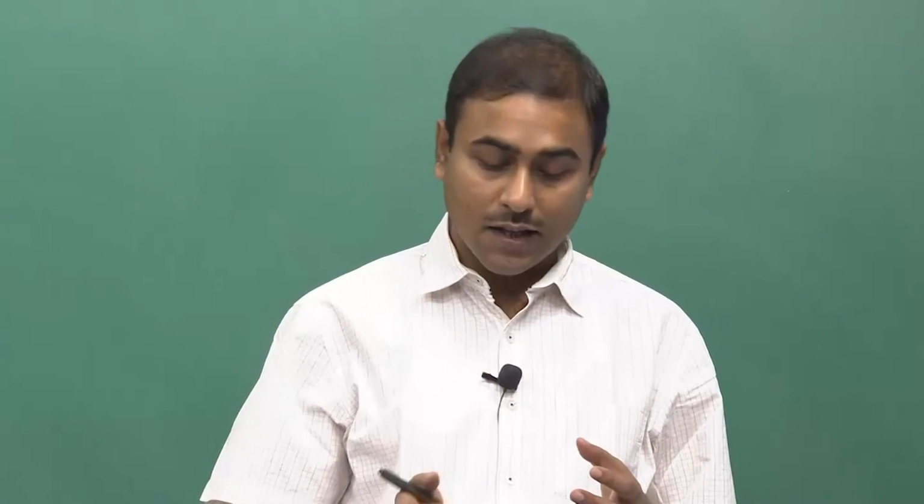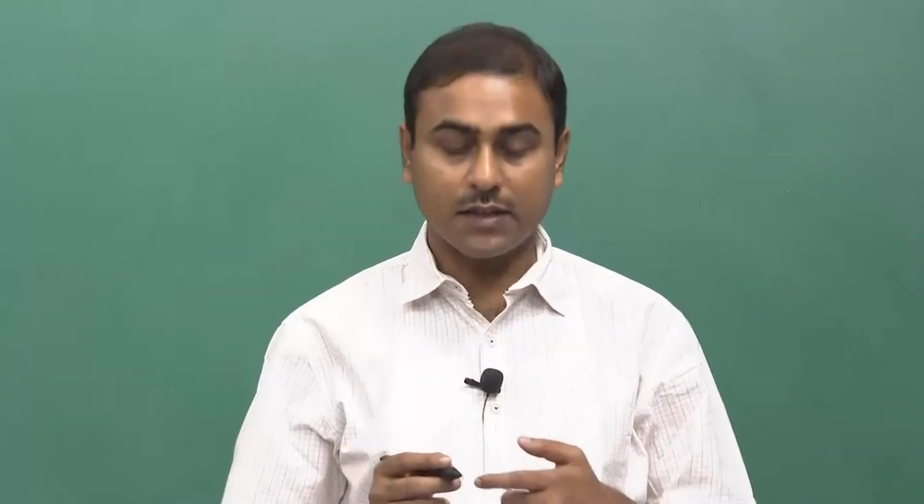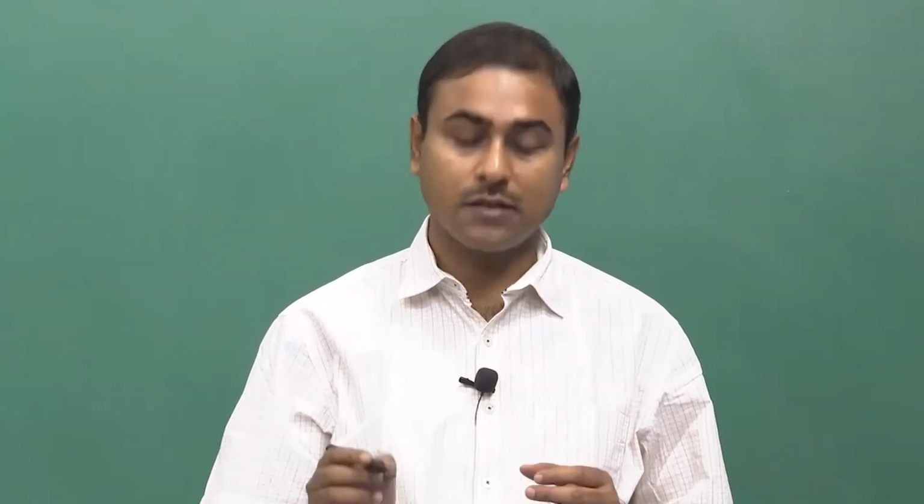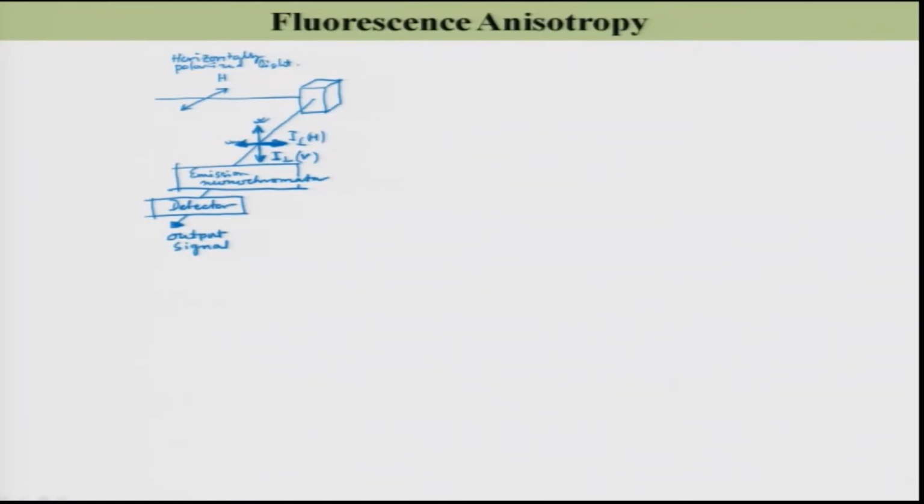So, I can simply write the output signal in this detector and monochromator pair for this I parallel, which is this H, as I perpendicular into SH. What name do you want to give? I here H and here H. So, IHH.